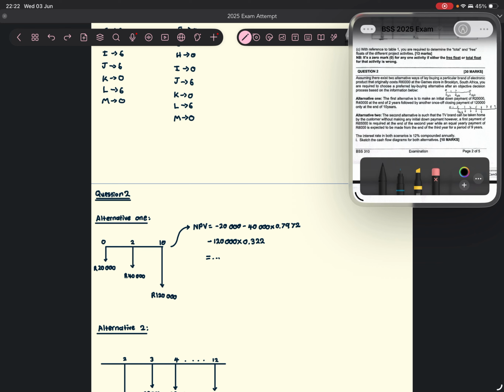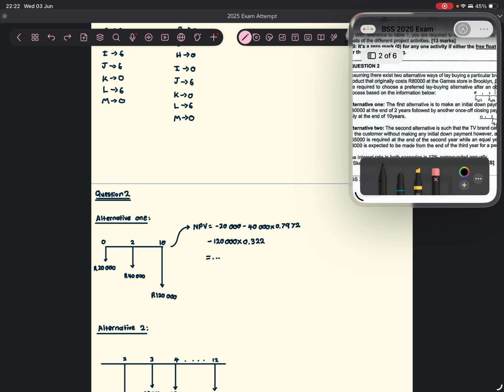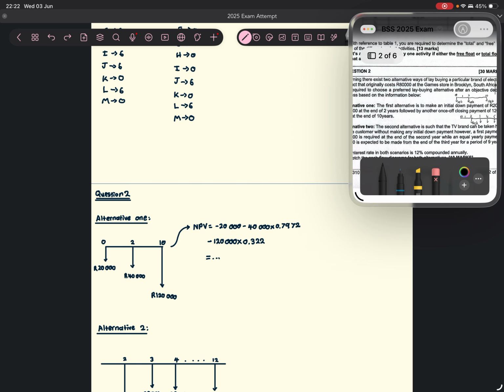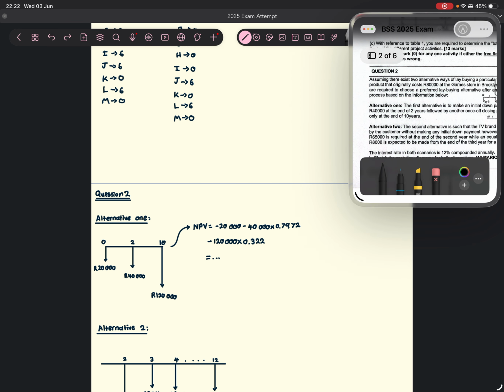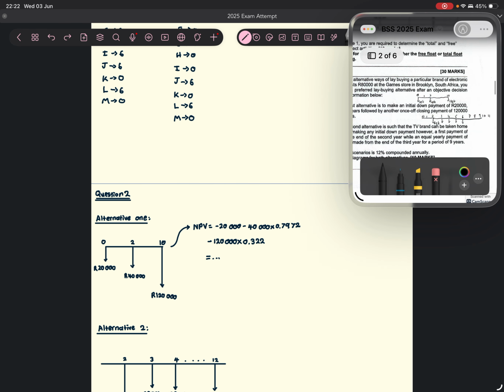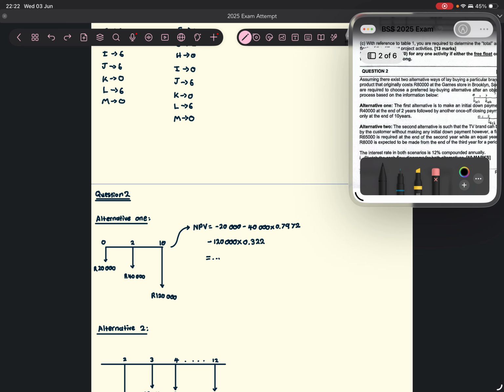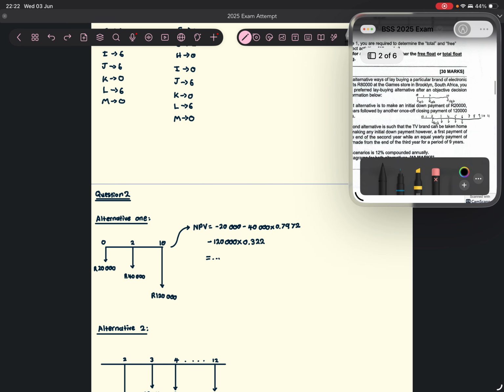So for question 2, we're told that we have an item that costs 80,000 and then we have two payment alternatives. Alternative 1 makes an initial down payment of 20,000, then makes another payment of 40,000 at the end of year 2, and then makes one last payment after 10 years of 120,000.